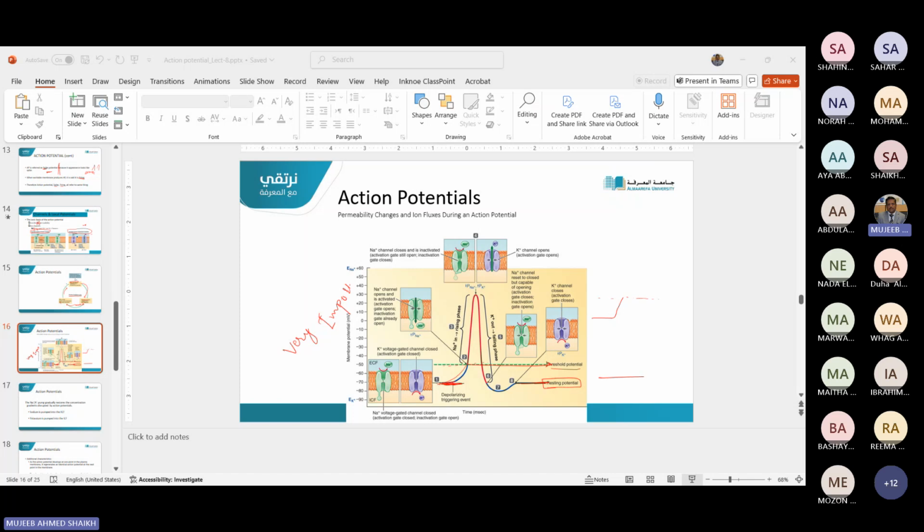If it is a cell, more sodium ions are moving into the cell, which we call sodium influx. Because of the sodium influx, the cell is becoming more positive, losing its negativity, and going towards zero. So sodium influx, or inward movement.